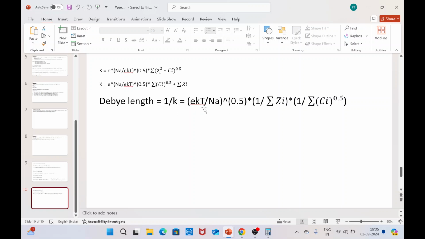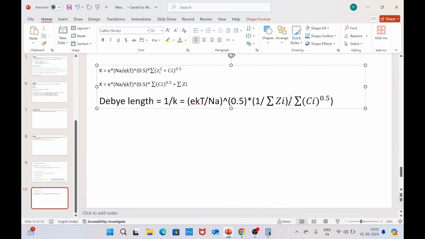You can see that Debye length is 1 by Zi times, you can write it something like this. So Debye length is inversely proportional to Zi and Ci power 0.5.